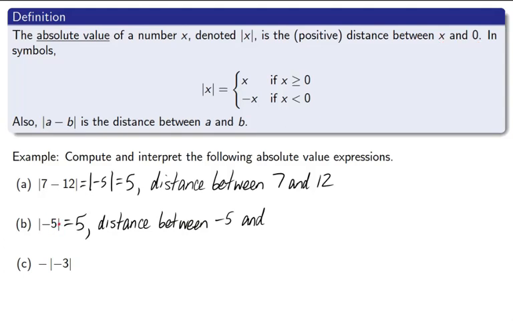So the absolute value of negative 5 is the distance between negative 5 and 0. How about this one? I won't write an interpretation of this one because it looks a little strange, but we'll just proceed with our order of operations. Absolute value of x you can treat like a pair of parentheses. So we need to do this first. The absolute value of negative 3 is 3. So really our answer is just negative 3. And we won't write an interpretation for that one.